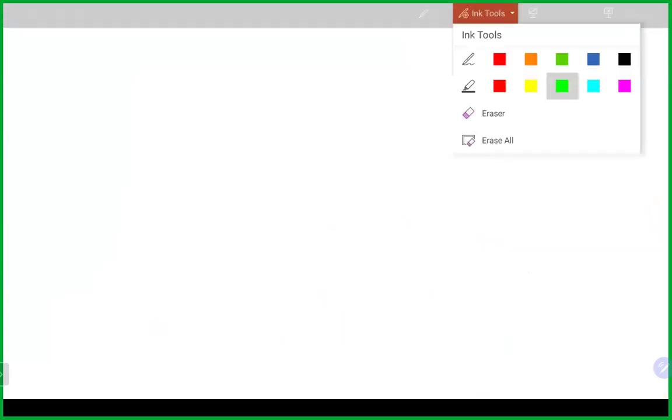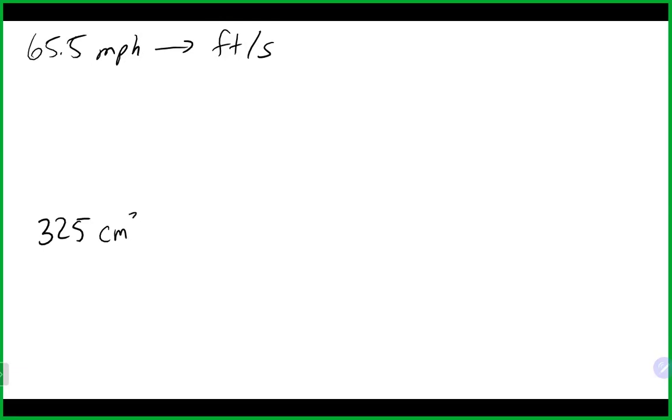Why don't you try these and see what you come up with? Let's say you're traveling 65.5 miles per hour, and I want to know how many feet per second that is. And why don't you also do this one, which is 325 cubic centimeters.